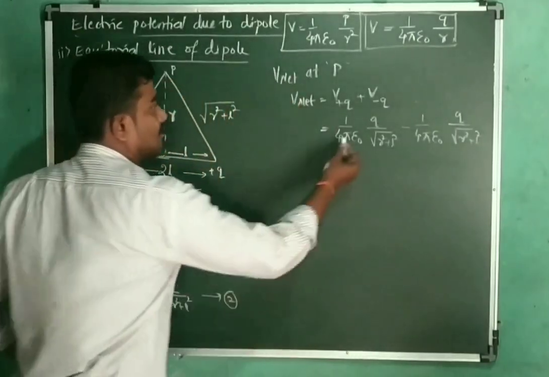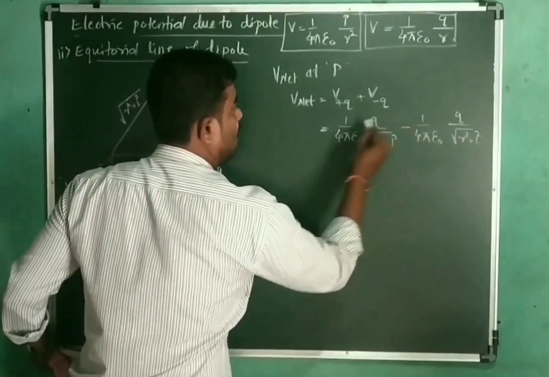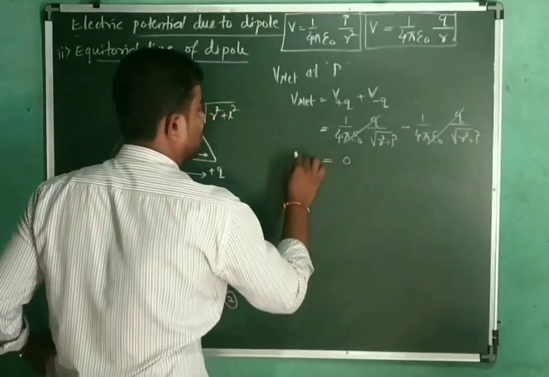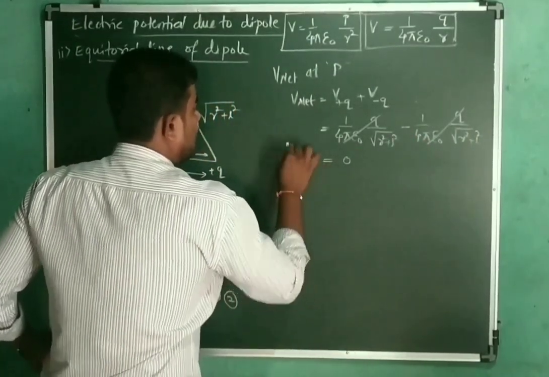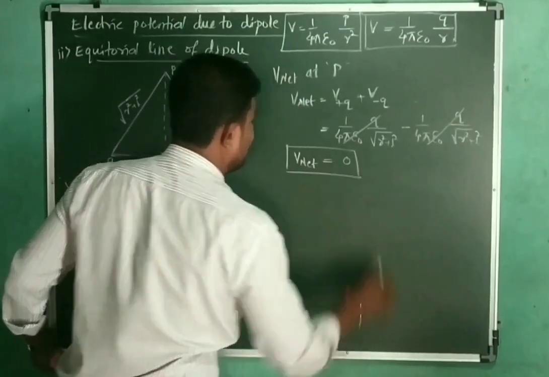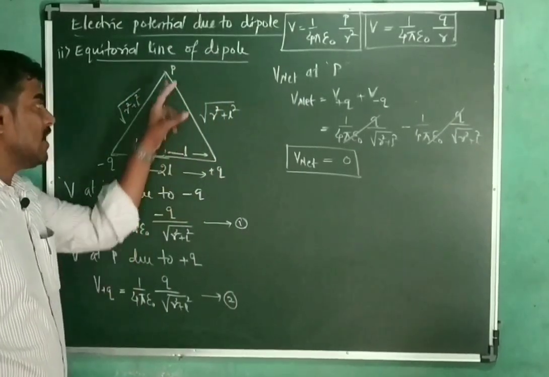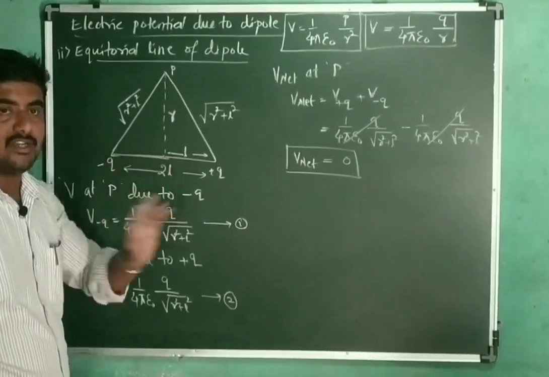Since both are same and one is positive, one is negative, they cancel each other, therefore V net is going to be 0. It means electric potential due to dipole on an equatorial line is going to be 0.